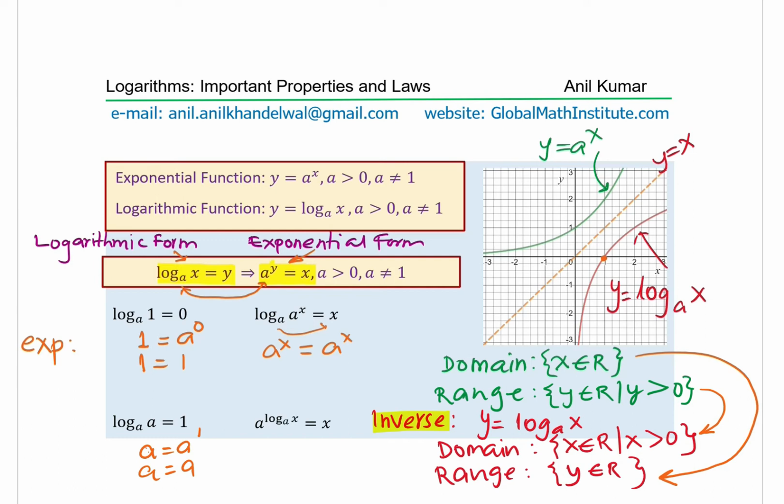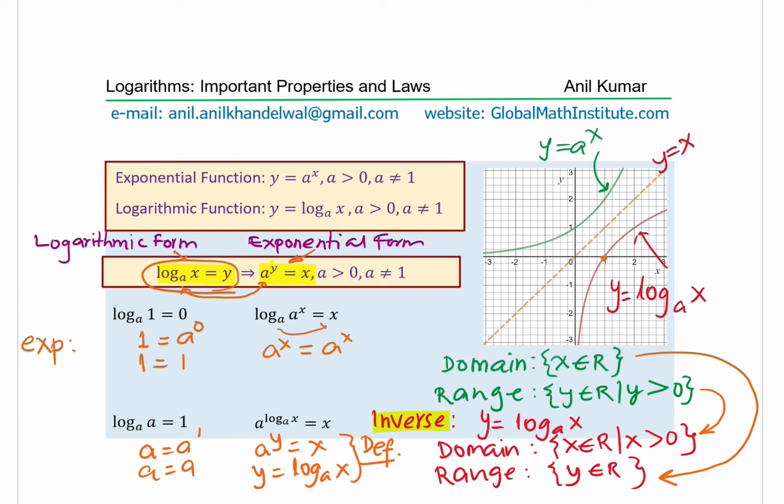So that clearly means that we could write this as y equals to. So from here, we know a to the power of y is equal to x. That means y equals log to the base a of x. Correct? That is what we have right there. We know y is log to the base a of x. So that is by definition itself. So that is how we actually define our logarithmic function.